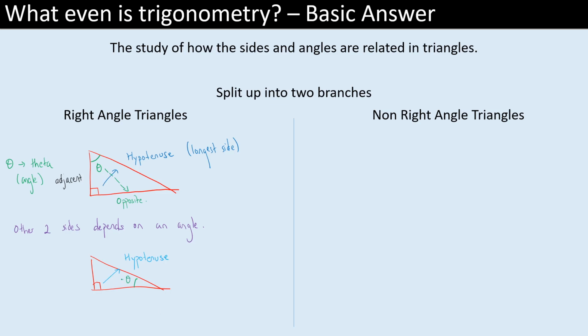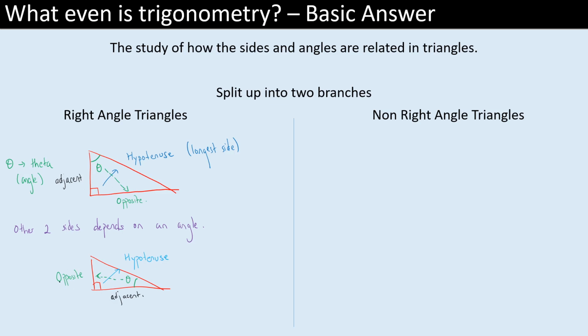Okay, that would mean that the side over here would be the opposite, and the side down here would be the adjacent. Okay? So at a basic level, trigonometry links the angle in a triangle to the sides around it.